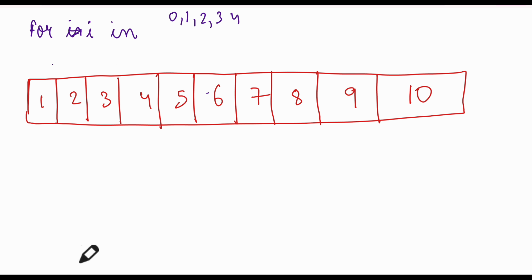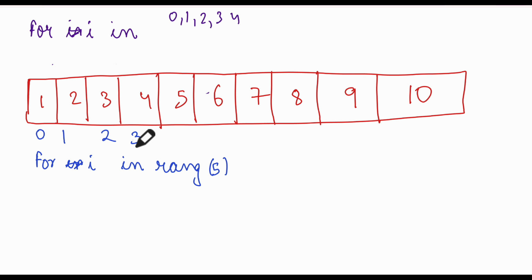Now my code says for i in range 5. So what does range 5 mean? It will operate from 0 to 4. So what are the index numbers? 0 1 2 3 4 5 6 7 8 9, and I'm printing all the elements lying at index 0 1 2 3 4.